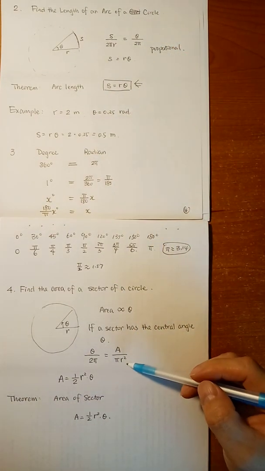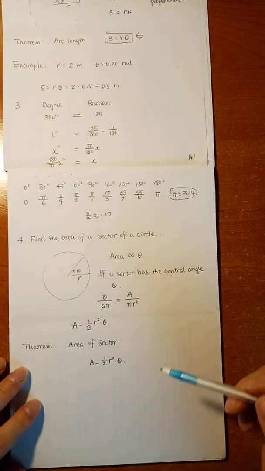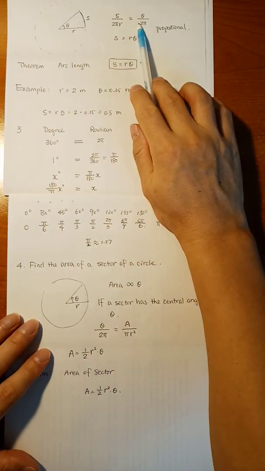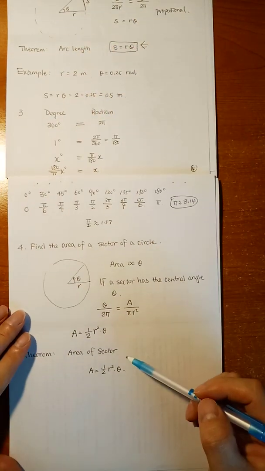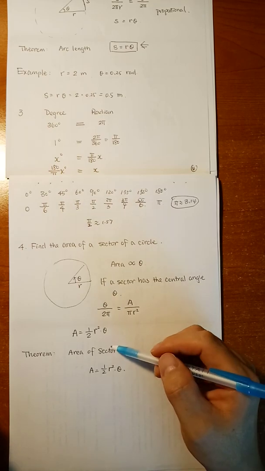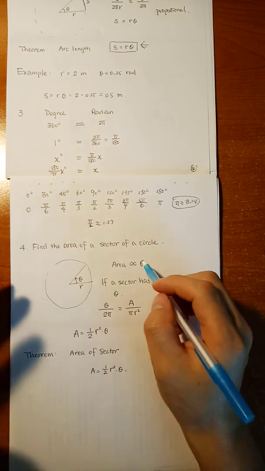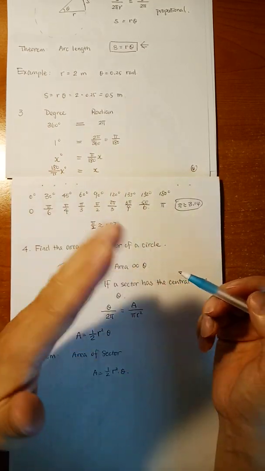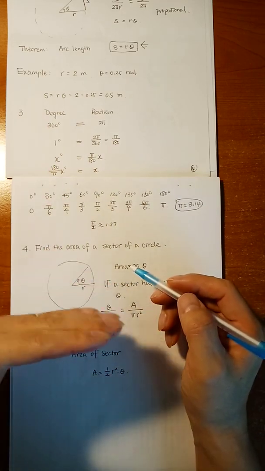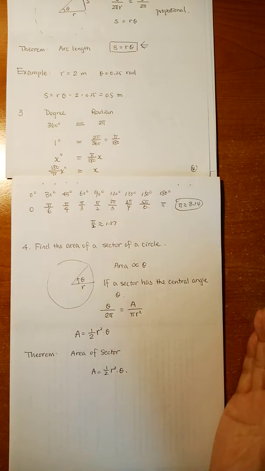The same thing, but we're talking about different concepts. The first is about the length, arc length. The second is about the area. They are both proportional to the central angle. You get a bigger central angle, you get a bigger arc length. You get a smaller central angle, you have a smaller sector.